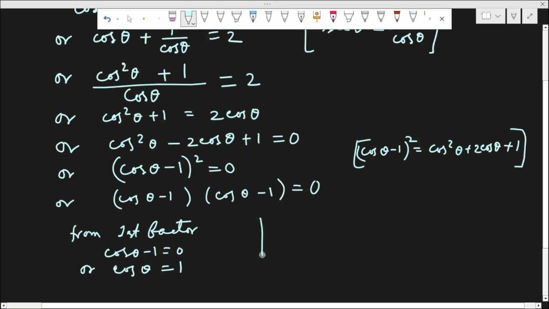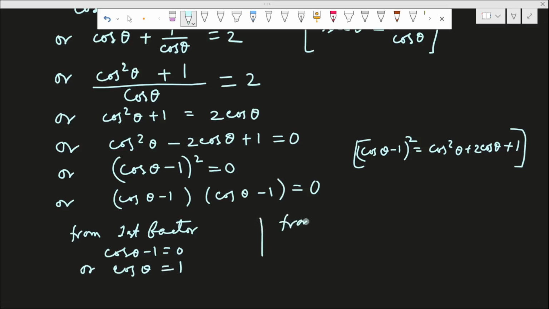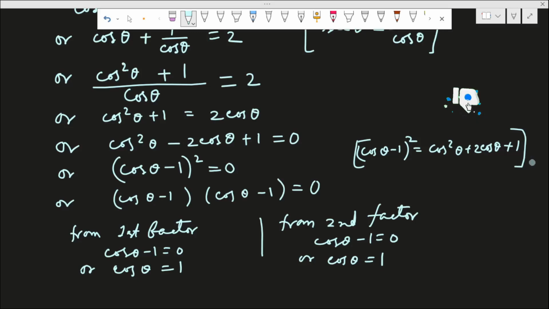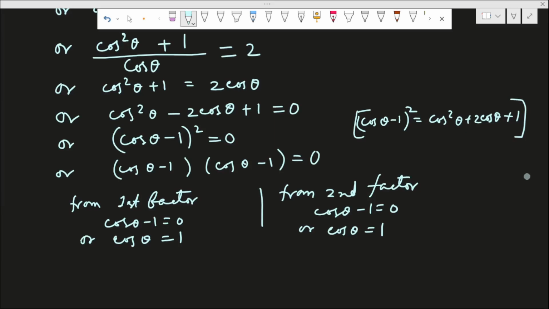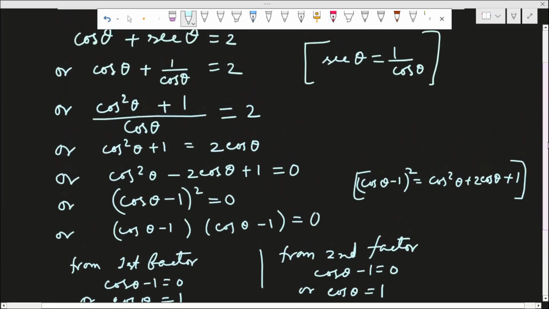From the second factor, cos theta minus 1 is equal to 0, or cos theta is equal to 1. So both roots are equal and the same. Now we are going to find the value of the given expression.